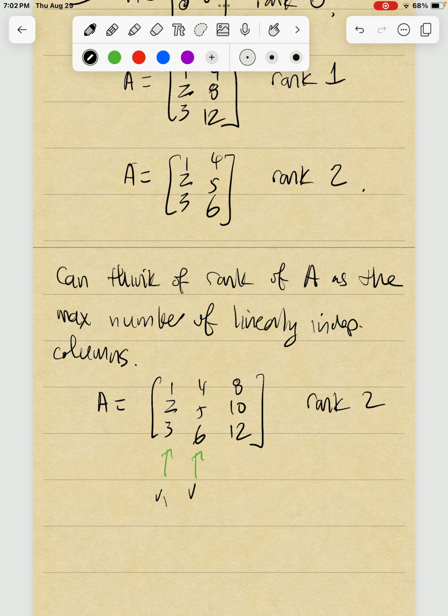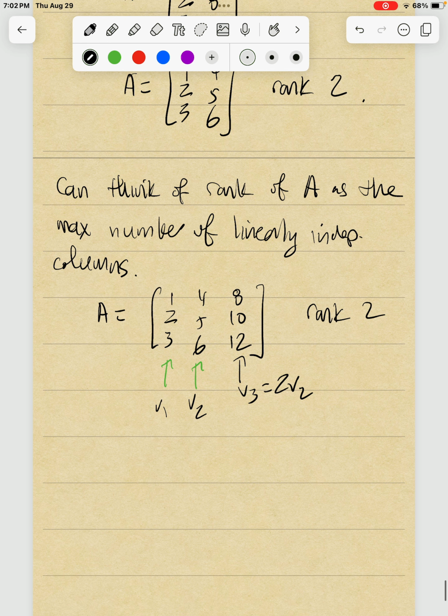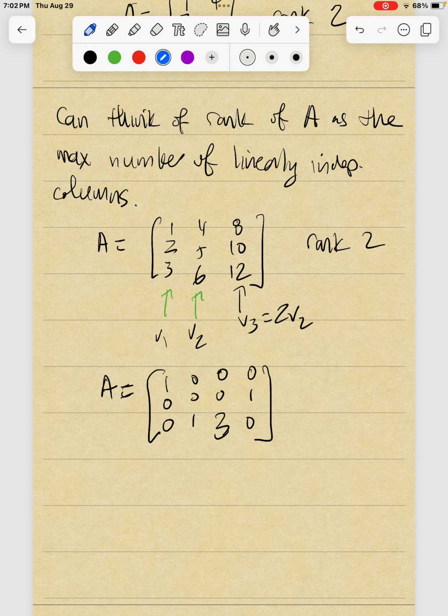Right? Because if this is V1, that's V2, I have that V3 is just 2 V2. Or if I just replace V3 by any linear combination of V1 and V2, the rank will be 2. However, if I had a matrix like 1, 0, 0, 0, 0, 1, 0, 0, 3, 0, 1, 0, or something, then I see that I have 3 linearly independent columns here, here, and here, and so the rank of this matrix is 3.